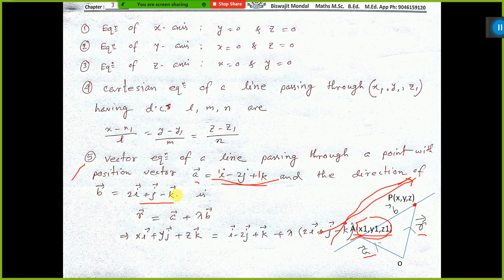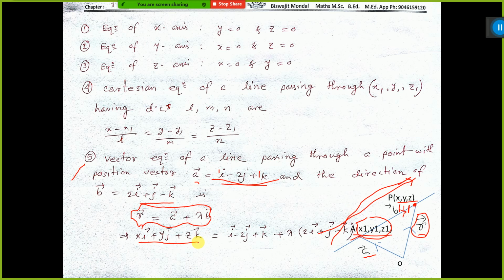Then the equation of this line we can write as r is equal to a plus lambda b. Here r is the position vector of P, as I told. Since r is the position vector, its expression is xi plus yj plus zk.